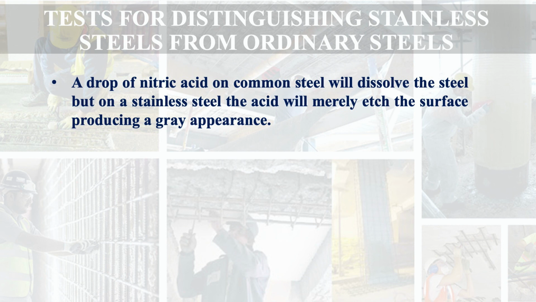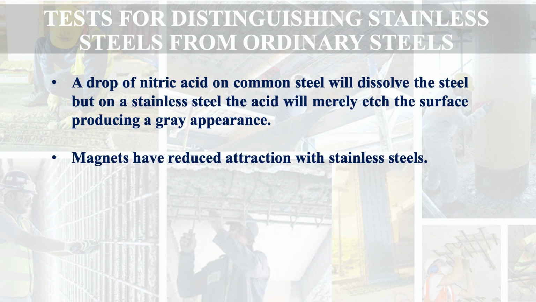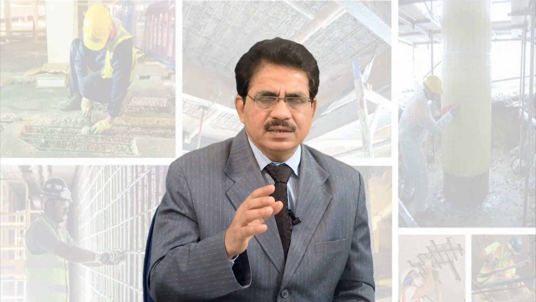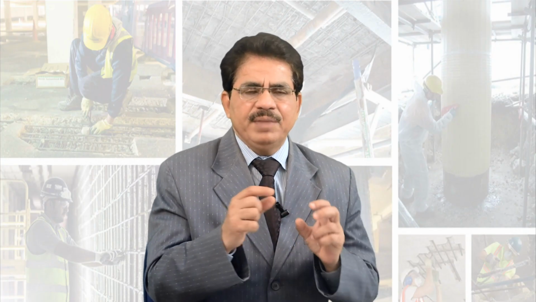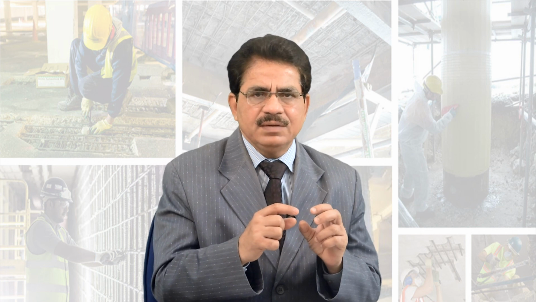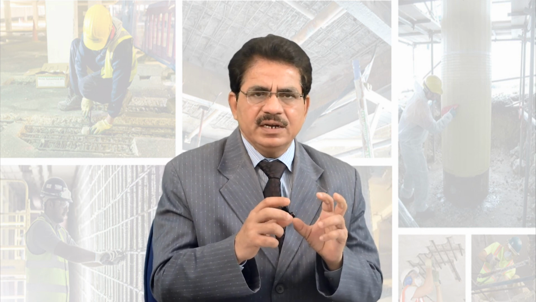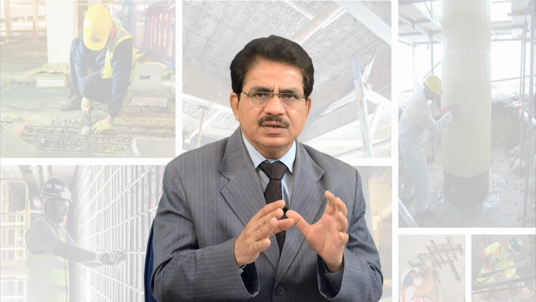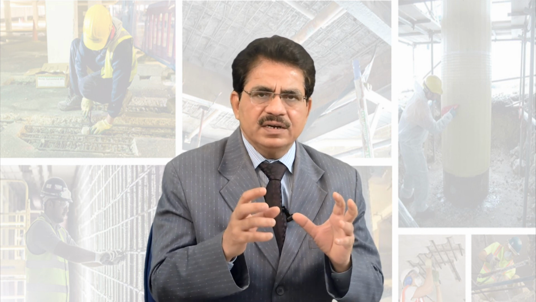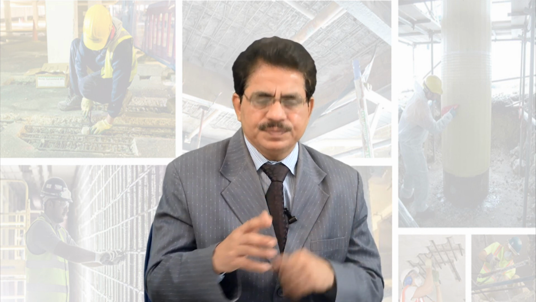This is the first test. Magnets have reduced attraction with stainless steel. Means if you bring a magnet to a stainless steel material, then it will attract less, whereas for ordinary steel that attraction will be more.